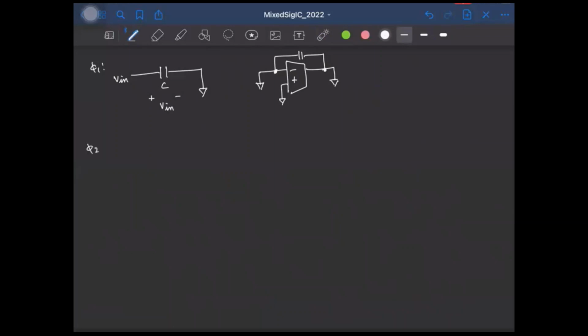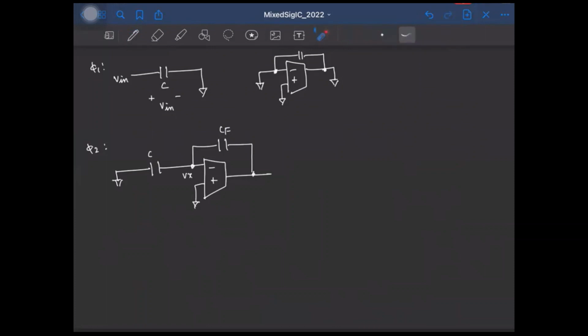And the moment phi2 happens, what will happen? The equivalent circuit will be like this. Right? So if this is Vx, we just saw that Vx will not instantaneously become 0, right? So which means this capacitor voltage cannot change instantly, right? This is unlike the VCVS case where the VCVS enforced this voltage to 0. So the capacitor can transfer charge instantly, right?